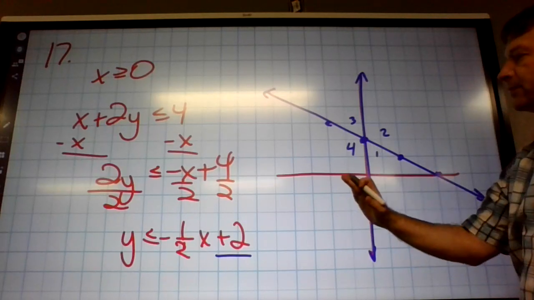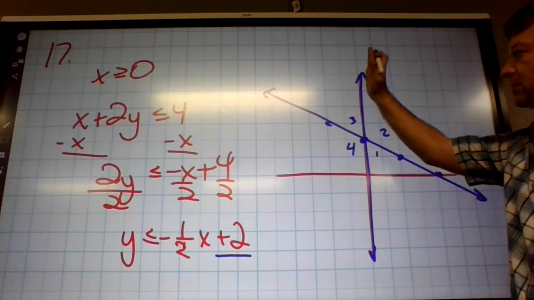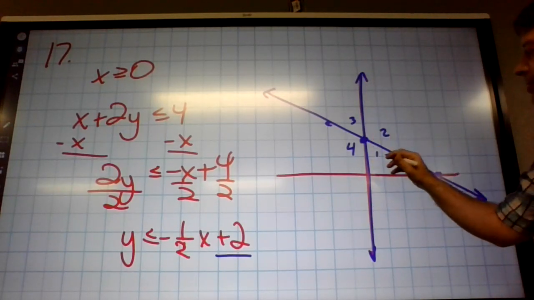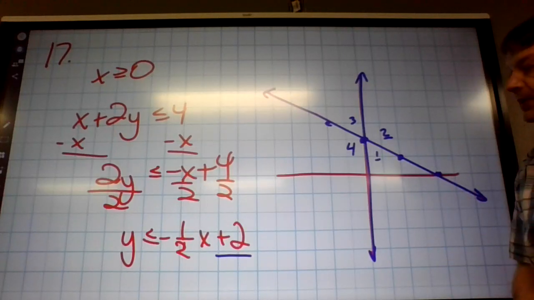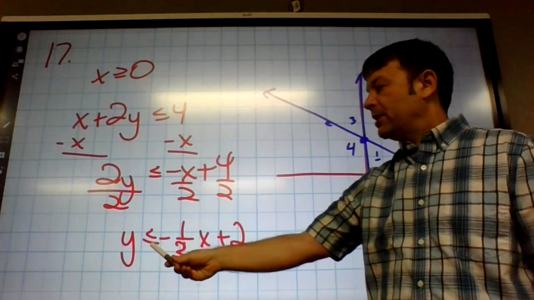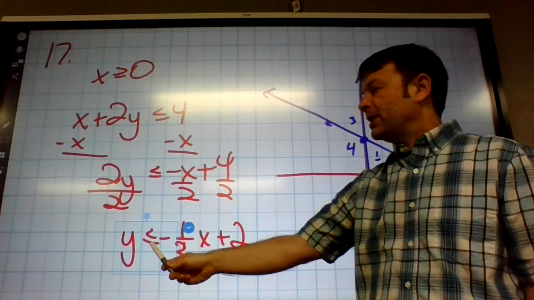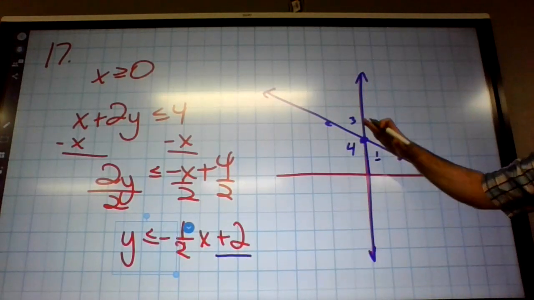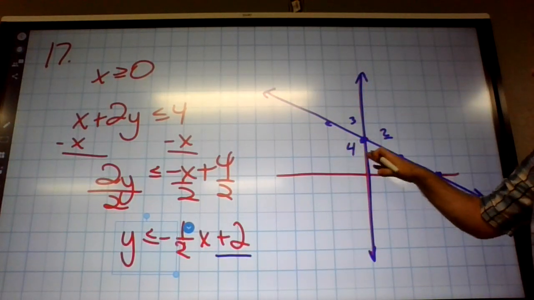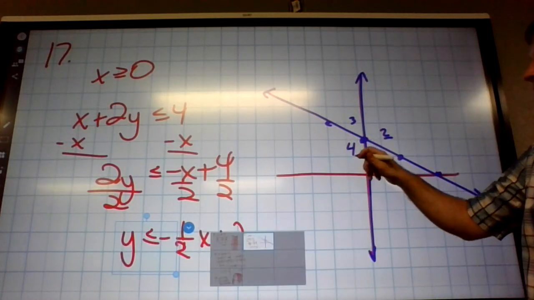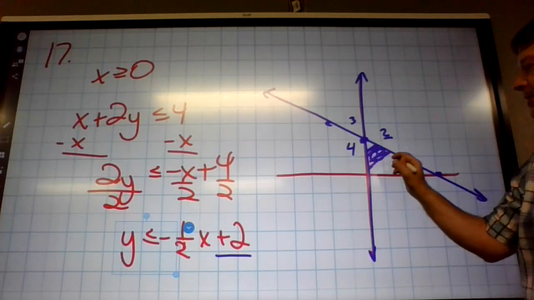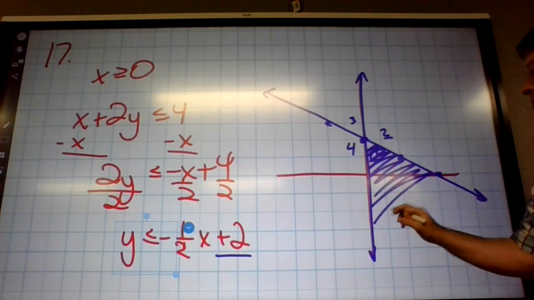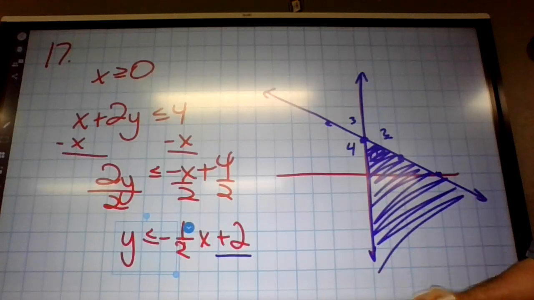To the right or the left? To the right. So that would be either region 1 or region 2. Okay, for the other line with the slope, it's y is less than, so it's below. So that'd be region 1 or 4. So what region do they have in common? 1. So we gotta shade that region.